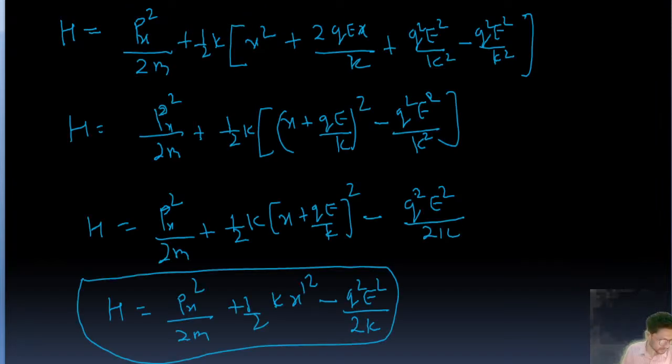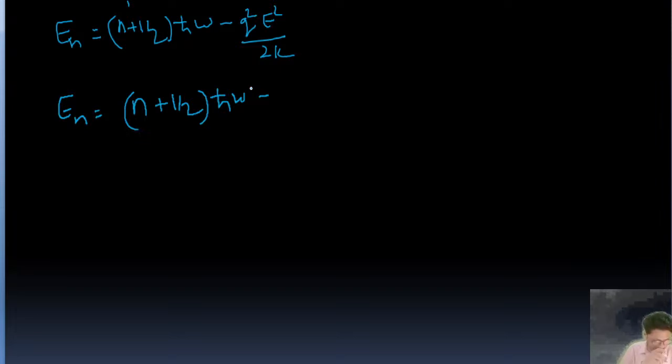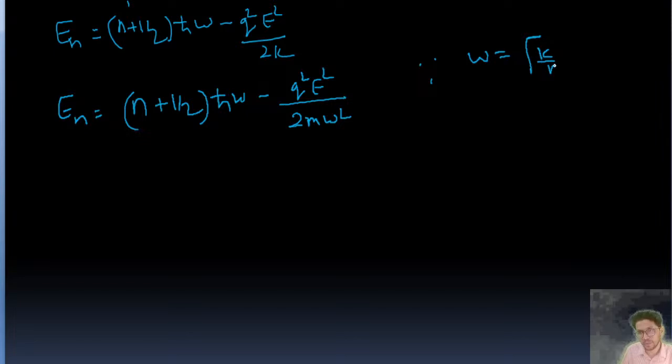Or we can put the value of k. So En equals n plus half h cut omega minus q squared E squared upon 2m omega squared, because we know omega equals root k upon m.